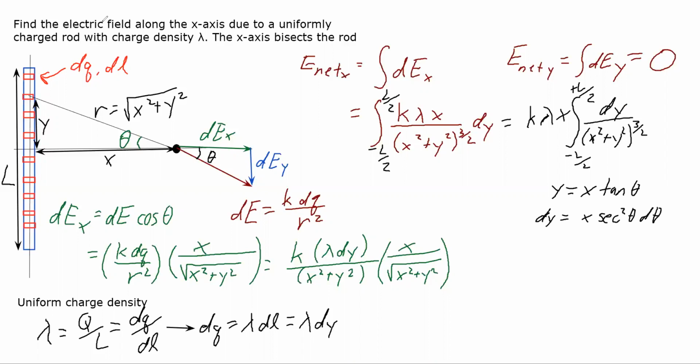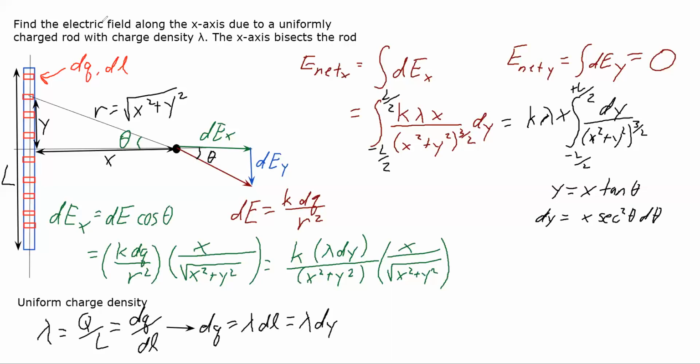I don't want to work out all the algebraic steps of plugging that in, rearranging it, and using a trig identity. You can look that up if you want, and if you have questions, you can always ask me.